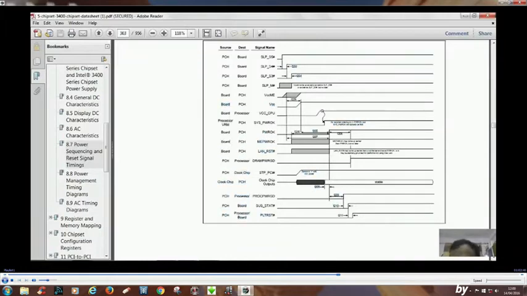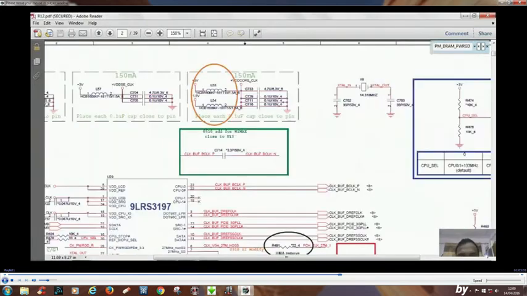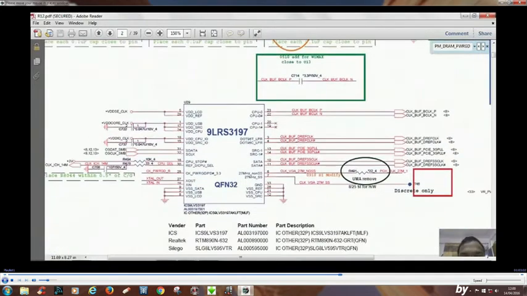So the PCH will indicate to the processor that now the RAM power supply is okay, and now the PCH will output STOP_PCI to the clock chip to enable the clock chip to generate the clock frequency. So we'll go to page number 2, which is the clock controller. This is 9LRS3197.